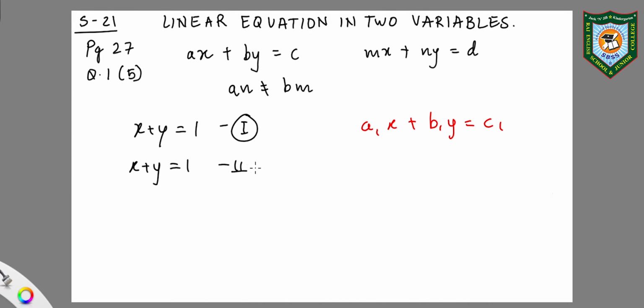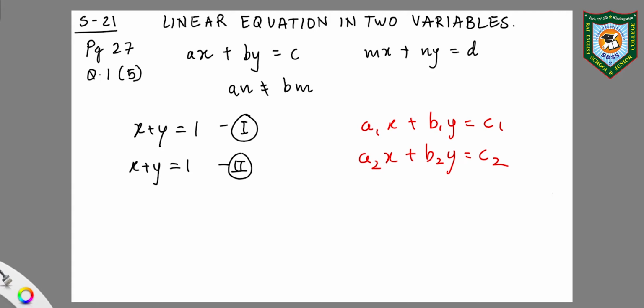This is my equation number 2, and we compare it with a2x plus b2y equals c2. You must be wondering that equations 1 and 2 are the same. Yes, they are the same, and that is why I have written them in two different standard equation forms.